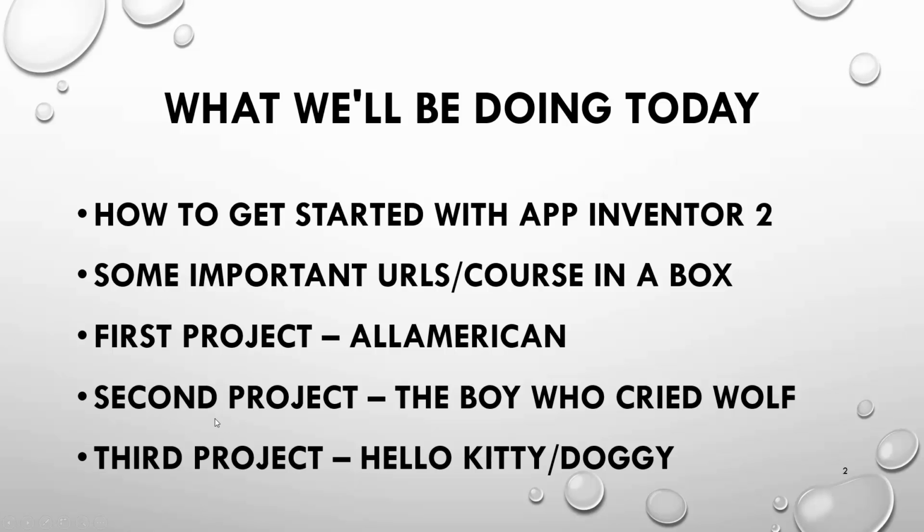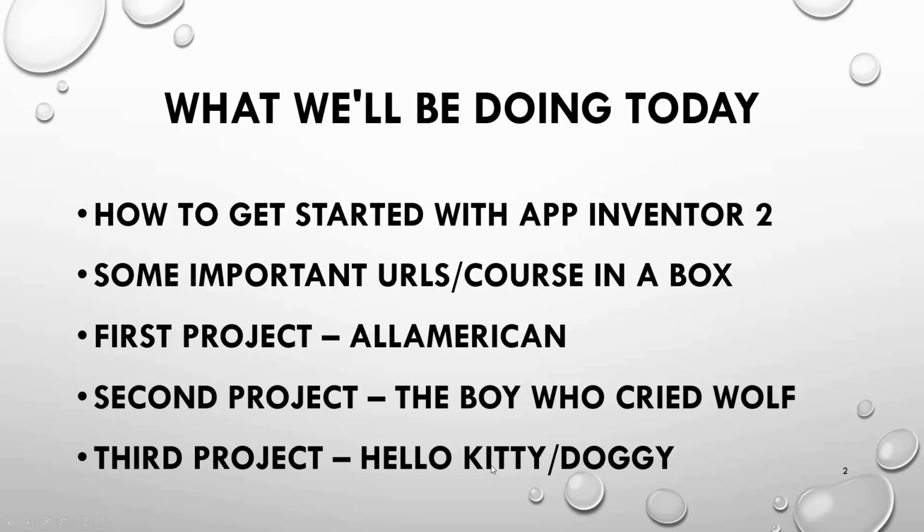But we'll set up a very simple little thing where we'll put a couple of buttons on the screen, and one will say something like wolf, wolf, and the other one will say just kidding. And if you press the one that says wolf, it'll say wolf, wolf. And if you press the one that says just kidding, it'll say just kidding. We'll also put an image on the screen that'll show kind of the story of the boy who cried wolf.